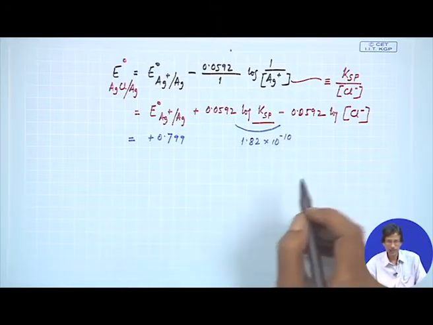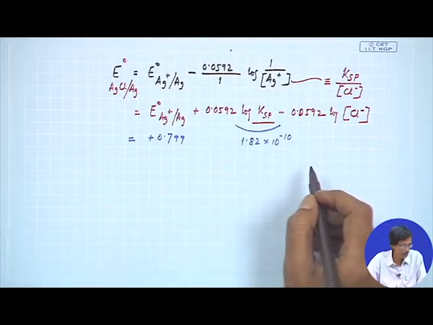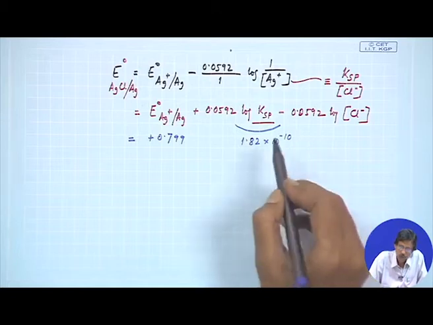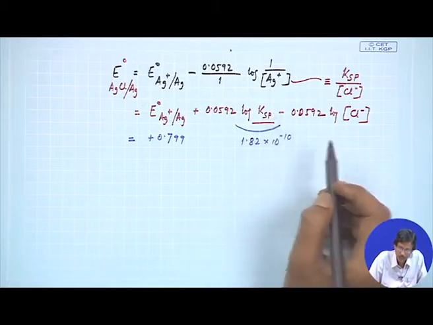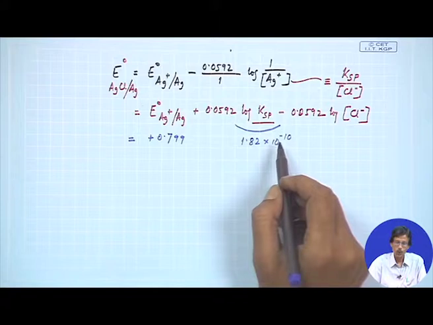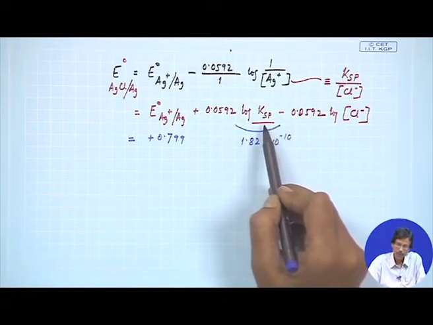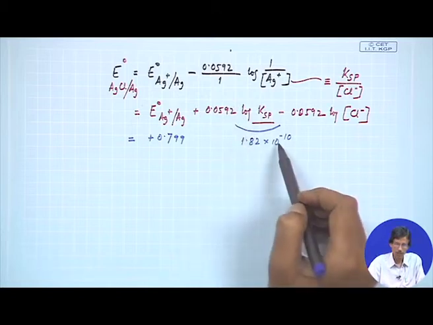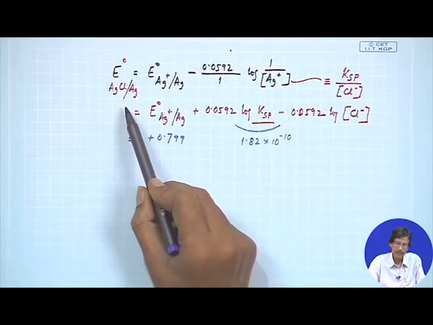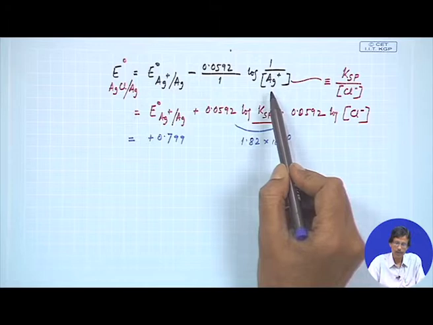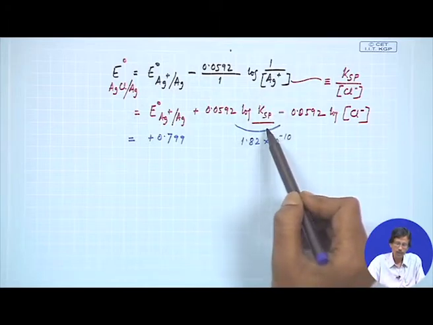So, these are the requirements for calculating this. You should know about these things. If this is your unknown quantity, then we can find out the solubility product also, because it has a direct relationship between the concentration of the silver ion and its corresponding solubility product.